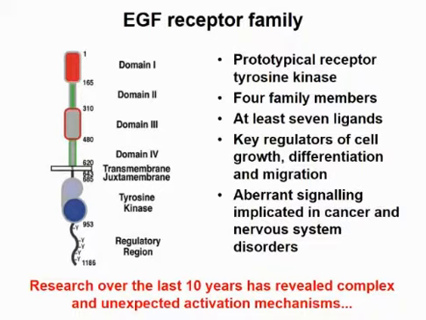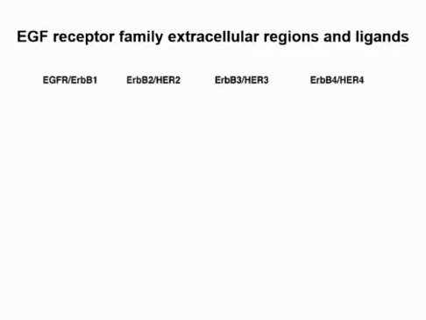There's been really interesting research over about the last 10 years into EGF receptors, and some really unexpected activation mechanisms have been uncovered. The classical textbook model was dimerization induced by the growth factor, just like I told you for VEGF and the VEGF receptor, but that's not the case for EGF receptor, as I'll show you in a minute.